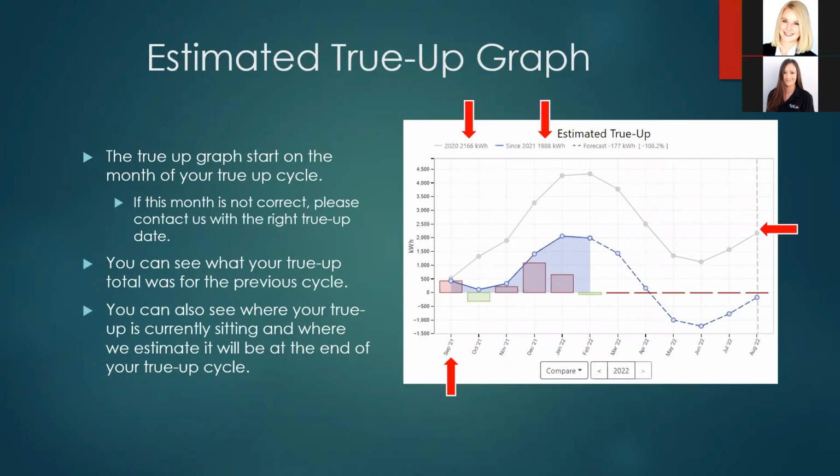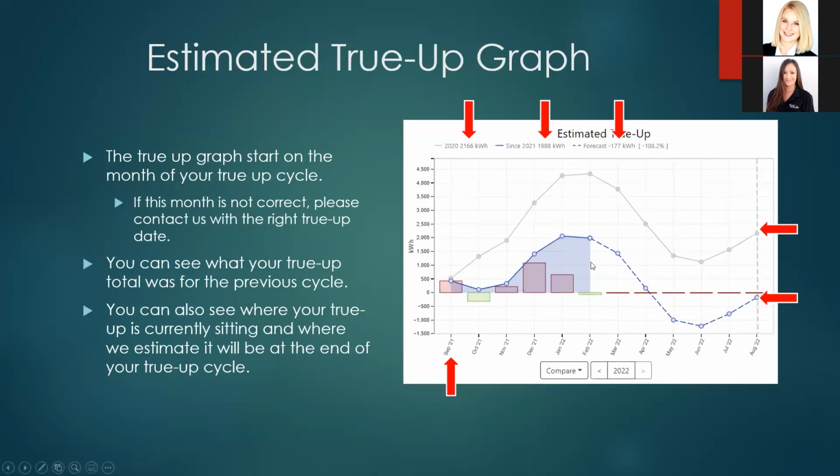And in 2021, so far, I'm 1,988 kilowatt hours over, but based on my previous consumption habits, it is estimated that at the end of my true up cycle, I will be sitting at negative 177 kilowatt hours for the year.